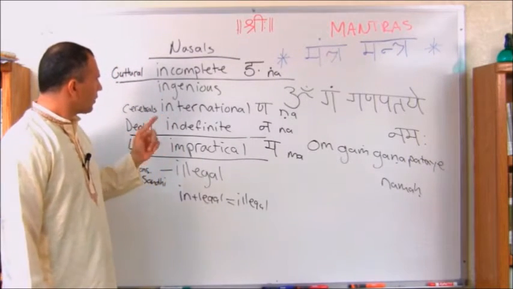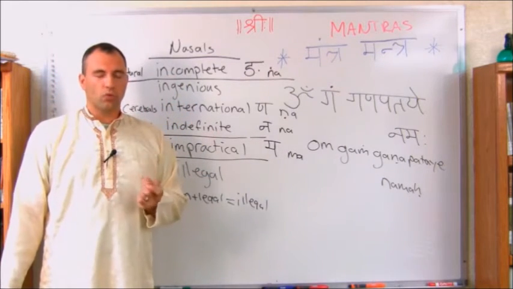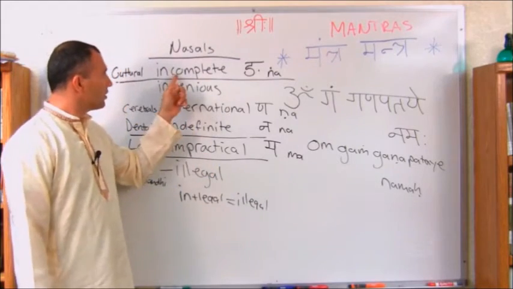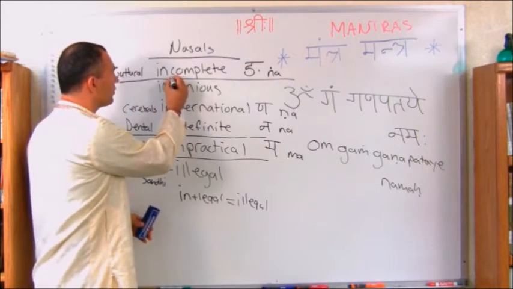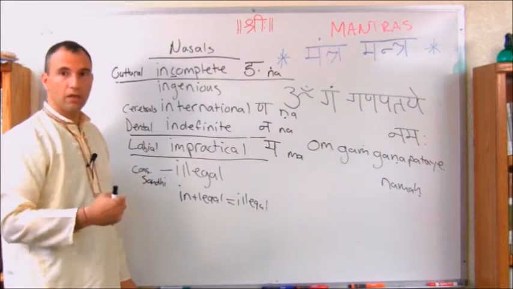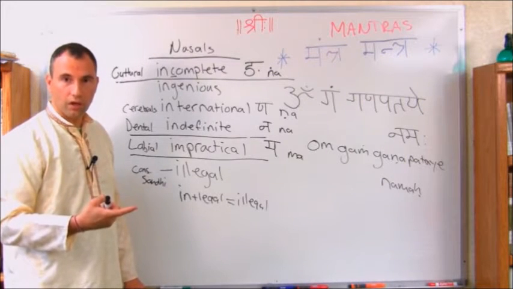So as you've probably guessed, what the nasal will be depends on the consonant that follows. If the following consonant is a guttural, like this is k, right? Incomplete, k, right? Incorrigible, right? Ingratitude, g, okay?